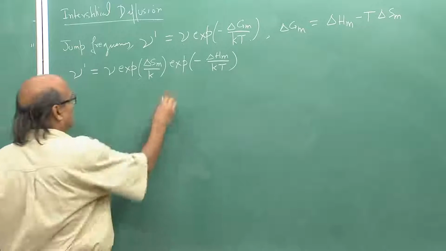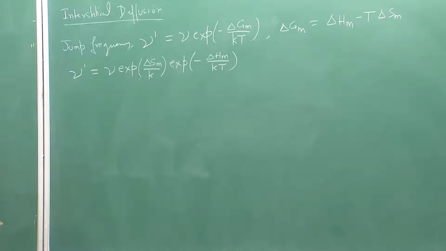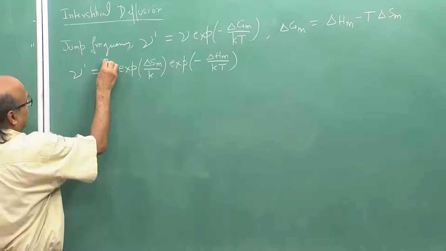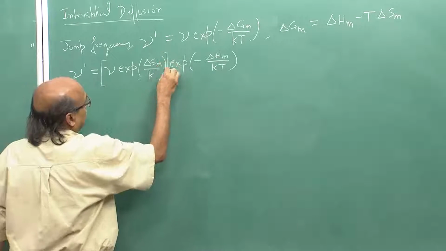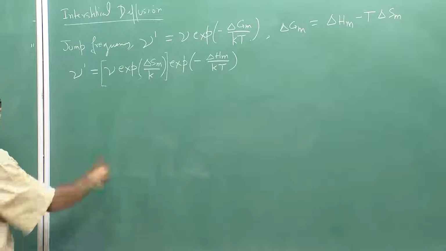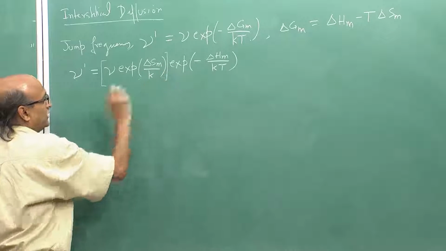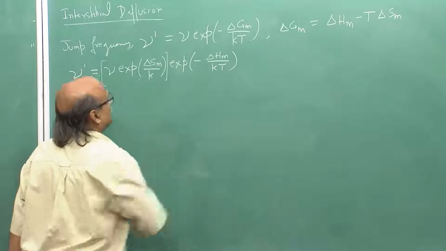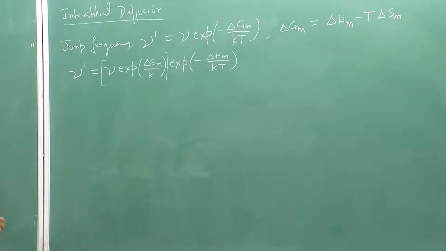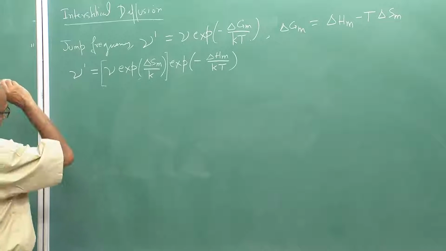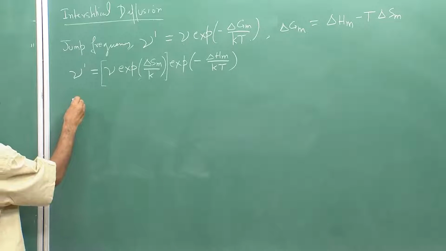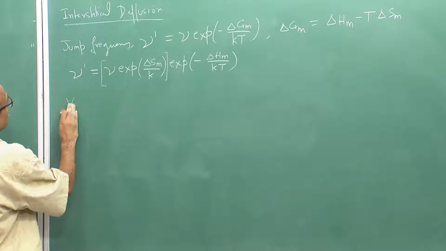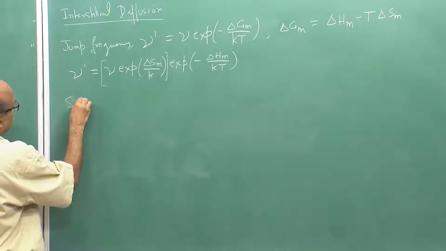If we can assume delta Sm to be independent of temperature, then the pre-exponential term nu exponential delta Sm upon k is independent of temperature, while the exponential term is dependent on temperature. Now, consider the substitutional diffusion case where the vacancy mechanism is active.